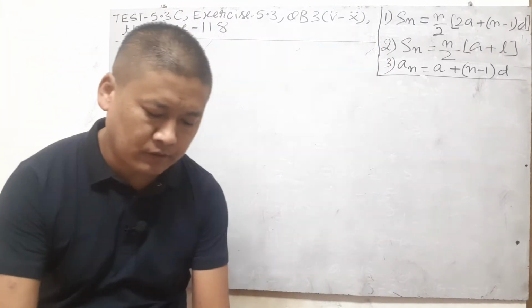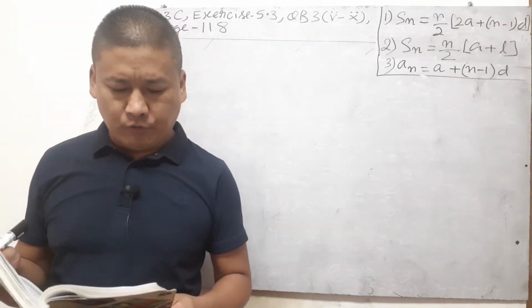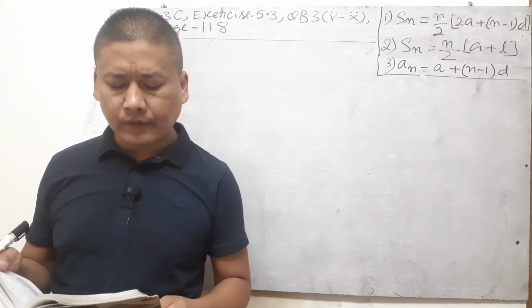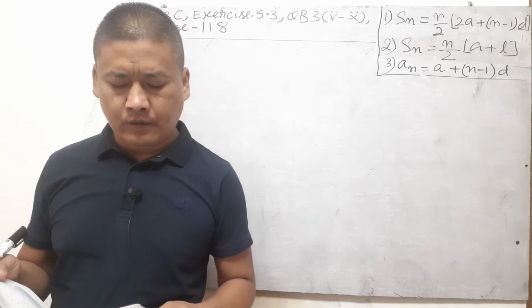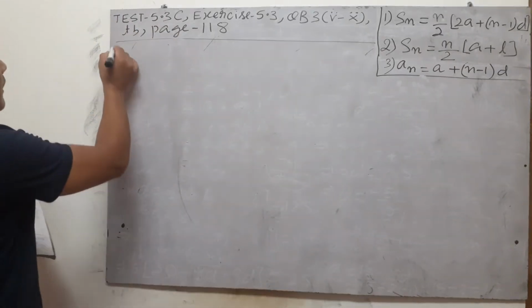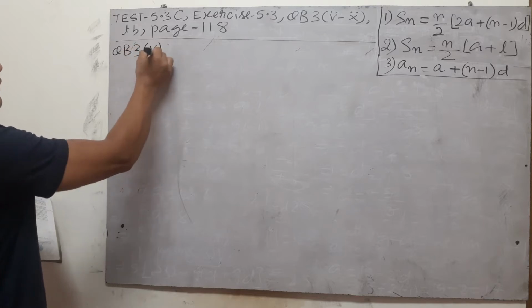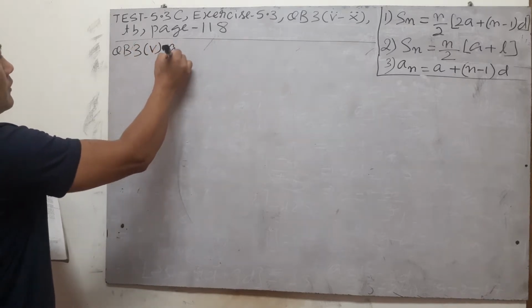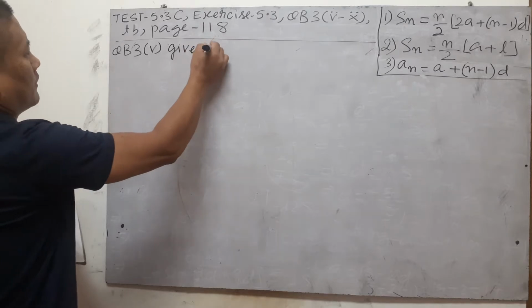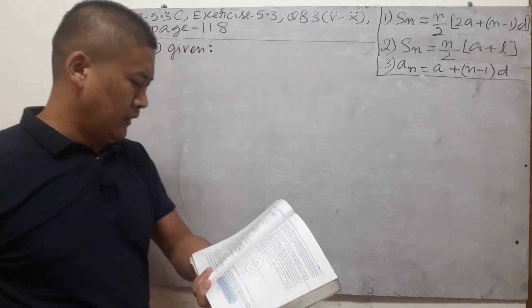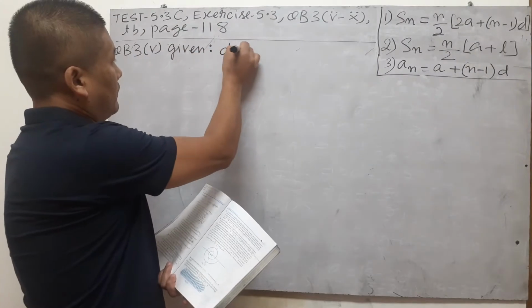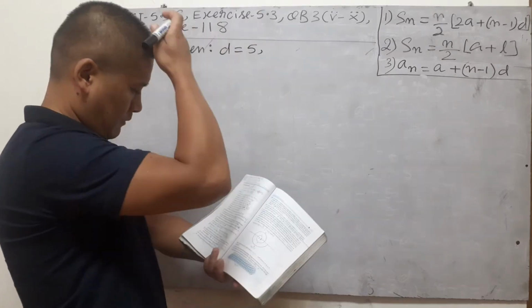Let me read the question for us. In page 118, in an AP, number 5, question B3, subheading 5, given to us here, d is equal to 5.